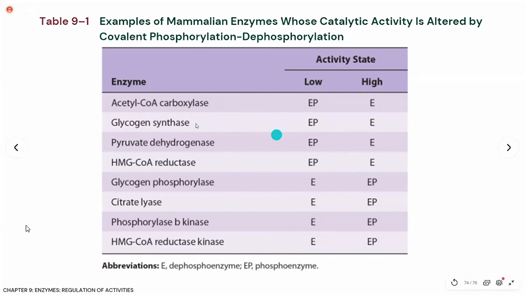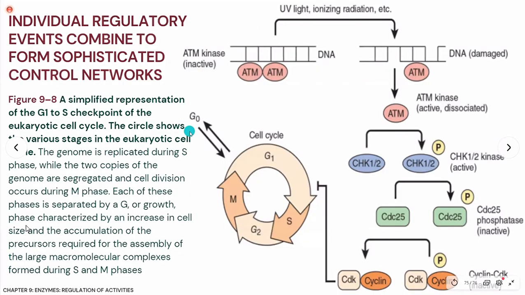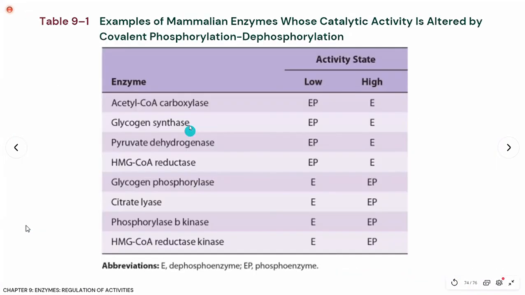Now, if you compare that with glycogen synthase, with a phosphate, low activity. Without a phosphate, high activity. So they are opposite, glycogen synthase and glycogen phosphorylase.